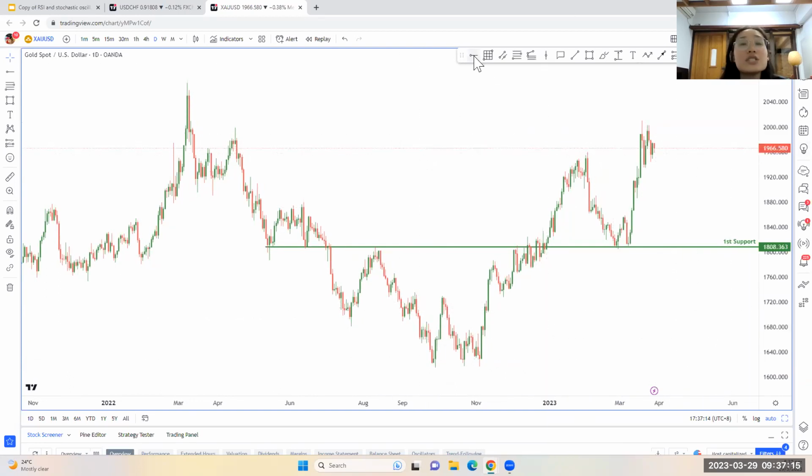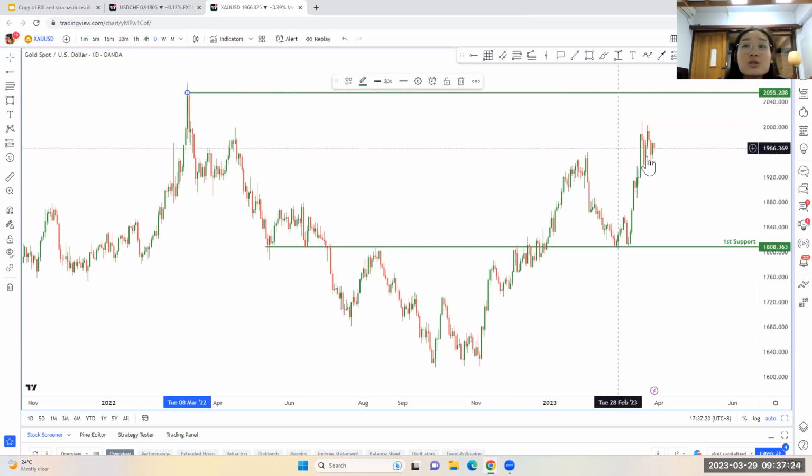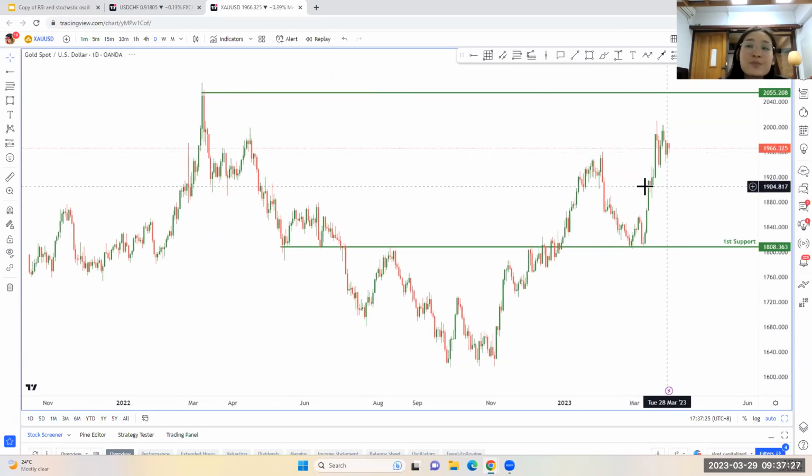Now let's pick out our first resistance level. Your first resistance level, similar to first support, would be the swing high that's closest to where price currently is.